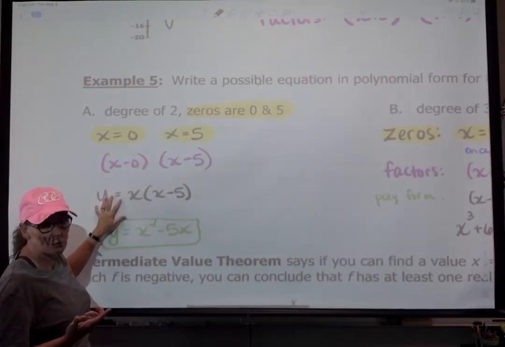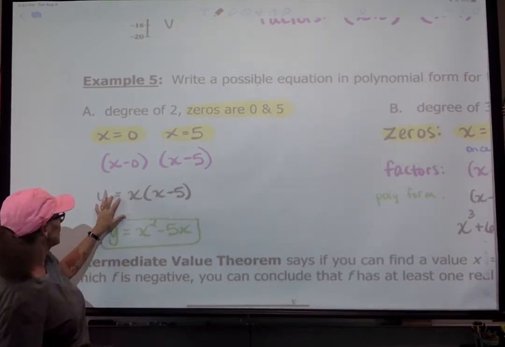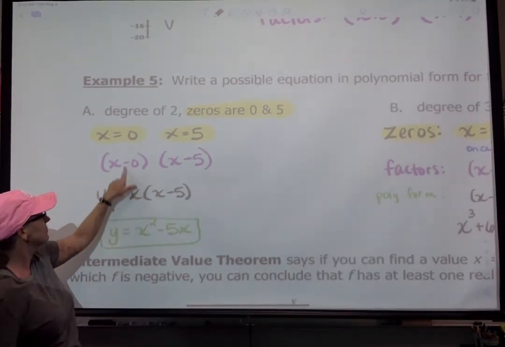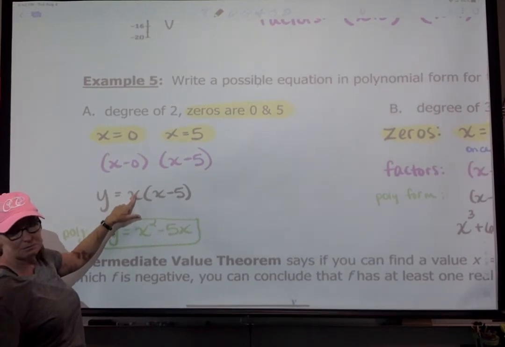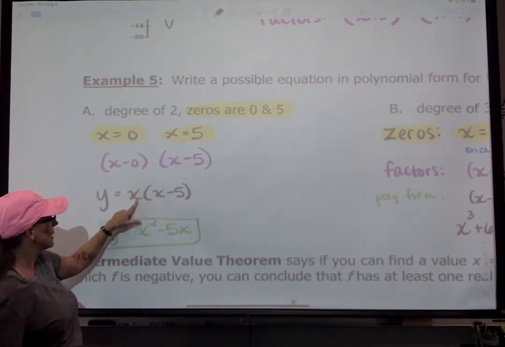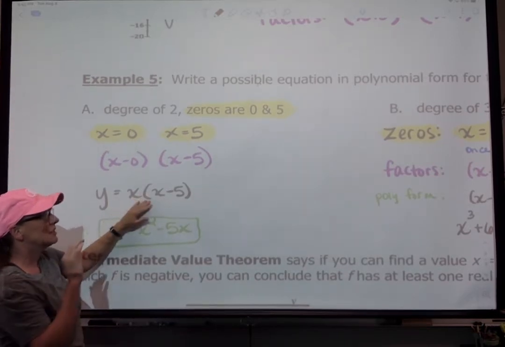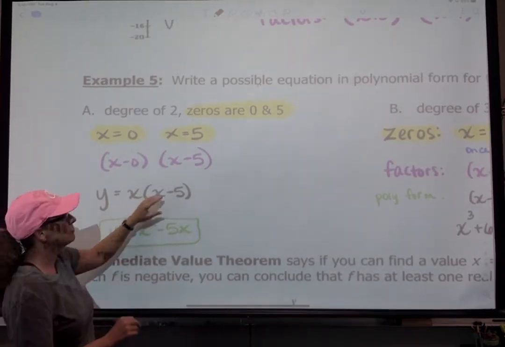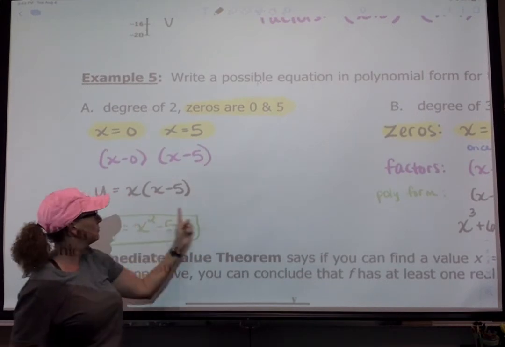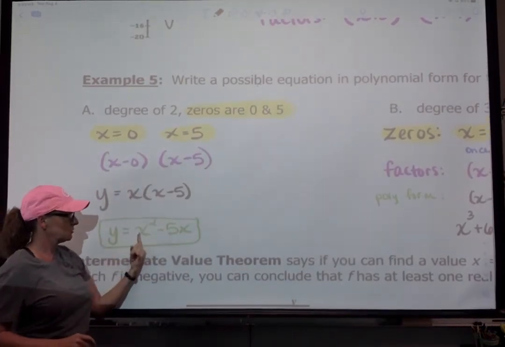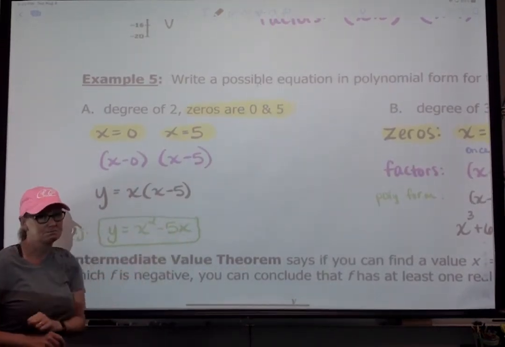It asks for an equation, so we need to put y equals in front of it. Now this is silly, okay, so I simplified this. That's silly, don't leave it like that. Simplify it to here. And then you can't leave it in factored form. It says put it in polynomial form. So distribute, see, polynomial.